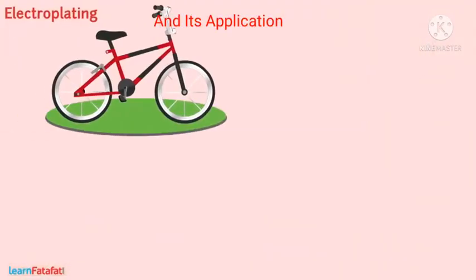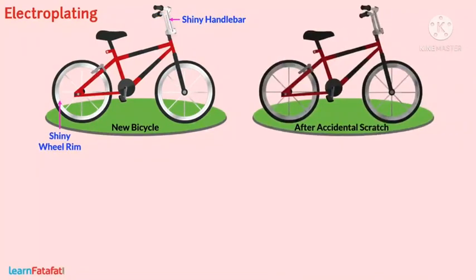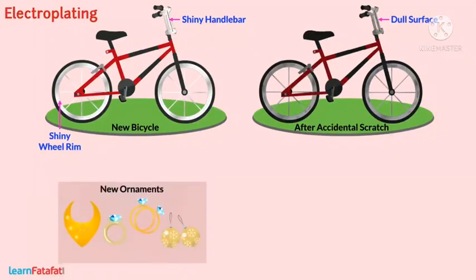In many applications, there is a need for metallic coating. Your new bicycle has shiny handlebars and wheel rims. However, if it undergoes an accidental scratch, you can see a dull surface behind the shiny surface. Girls and women use ornaments which appear to be made of gold.